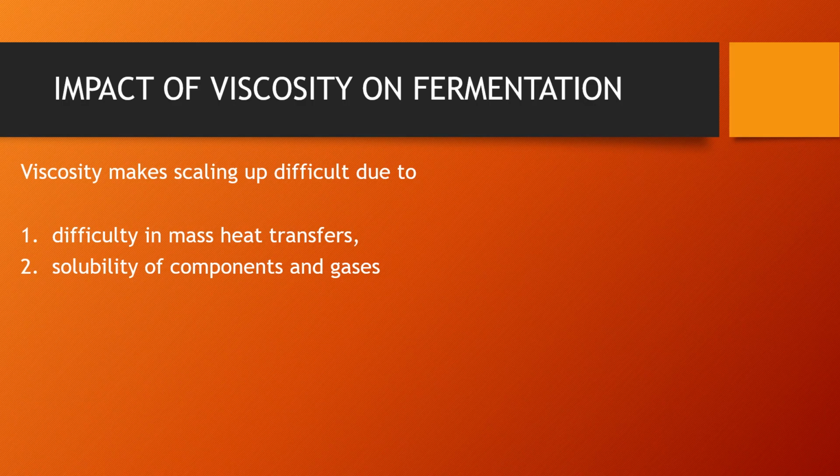Because of poor mixing, there is not proper heat and mass transfer taking place within the fermenter. Second is solubility of the components and gases. Solubility of the components will decrease with the increase of viscosity and it may result in the improper supply of nutrients and gases to the microorganism and thereby decrease in the yield of the fermentation.